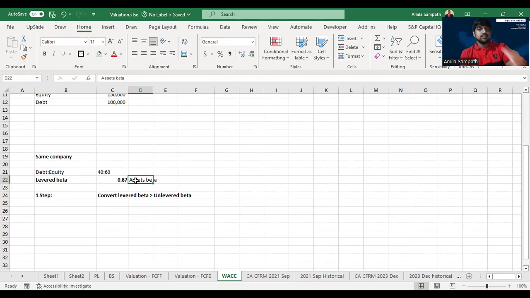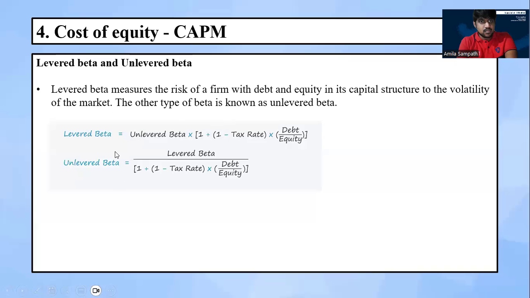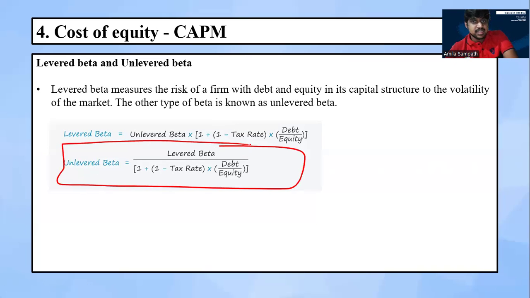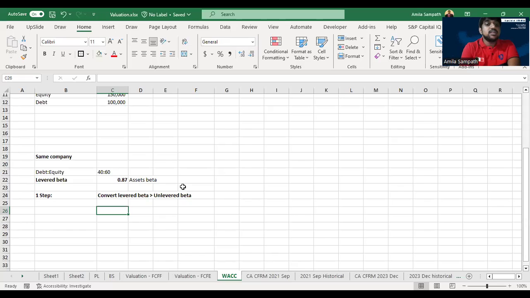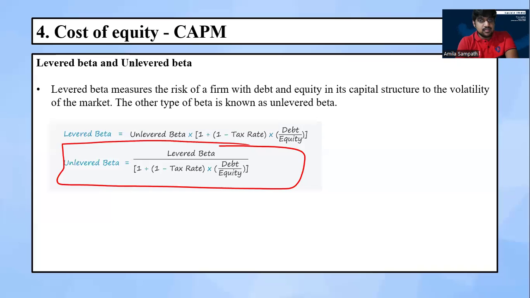Then this levered beta 0.87, in the first step, we need to convert into the unlevered beta. How can we calculate the unlevered beta? This is the formula.